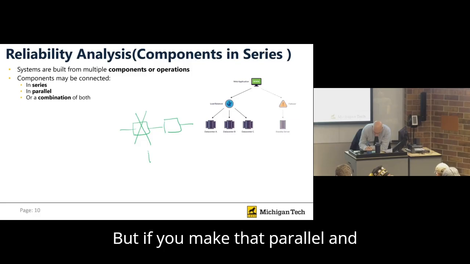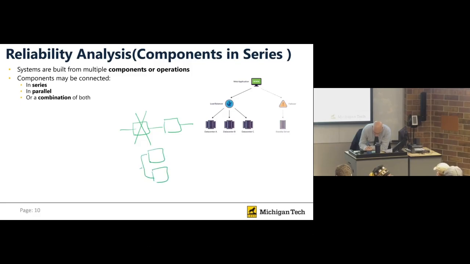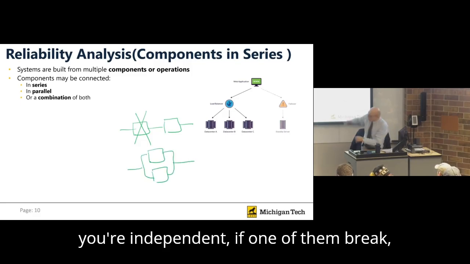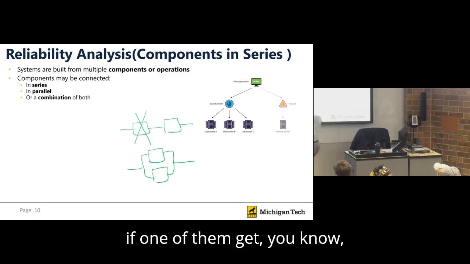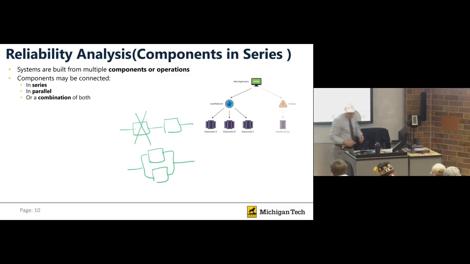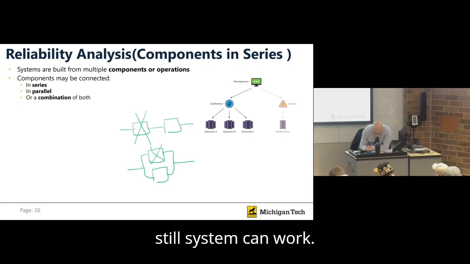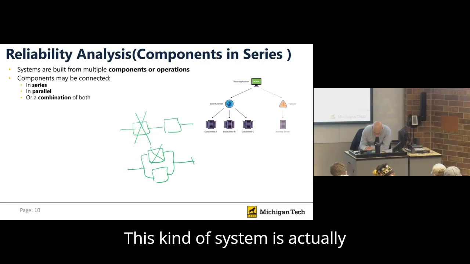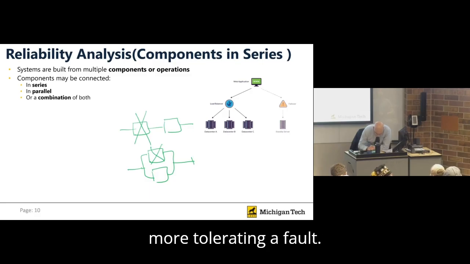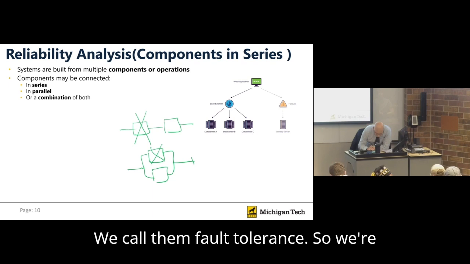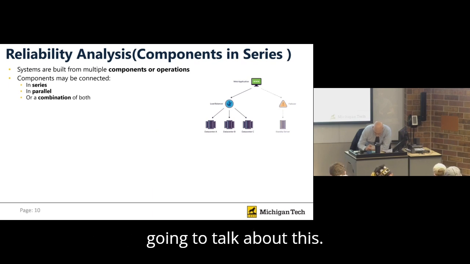But if you make it parallel, and they're independent, if one of them fails or whatever happens to it, the system can still work. This kind of system is more fault tolerant. We call them fault tolerant. So we're going to talk about this.